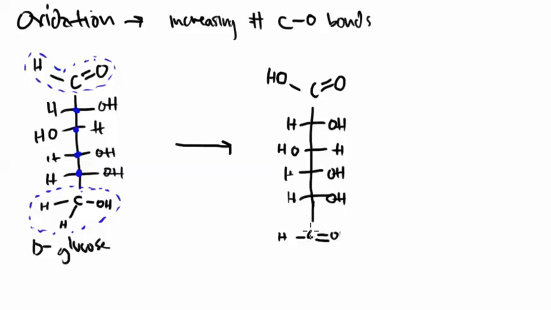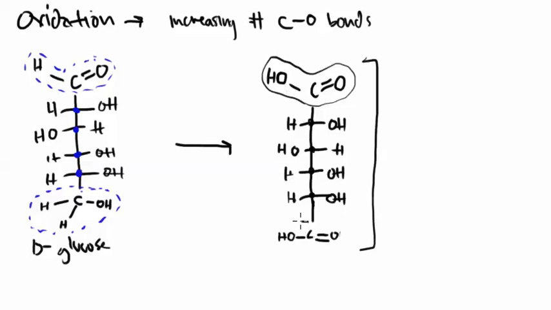And if the C double bond O forms down here at the bottom, well, that also gets an oxygen sandwiched in between the carbon and the hydrogen. So this gets a carboxylic acid functional group down here as well. Okay, so there is a proper term that we use to describe a structure that has many OH groups on the carbon backbone and a carboxylic acid group up here at the top and a carboxylic acid group down here below.